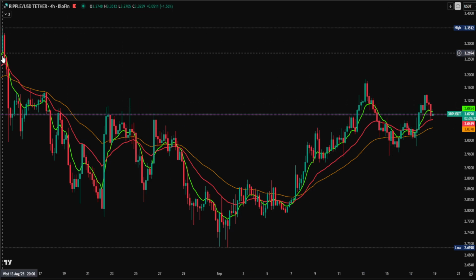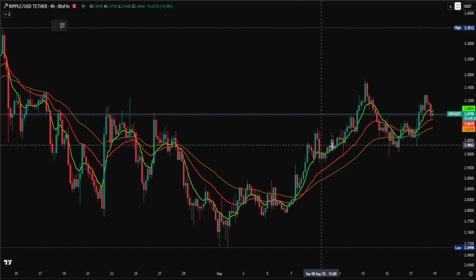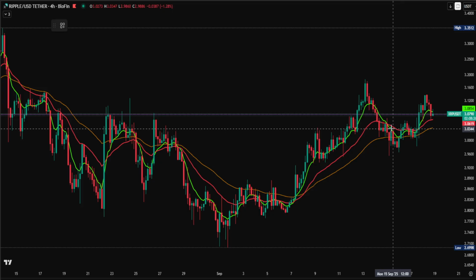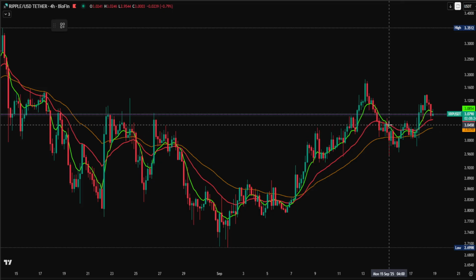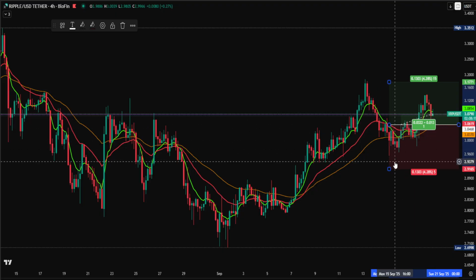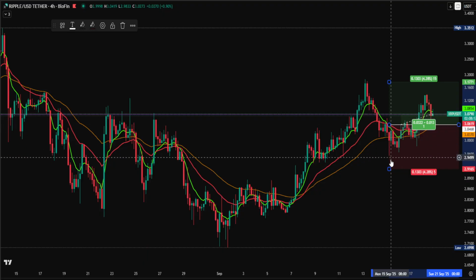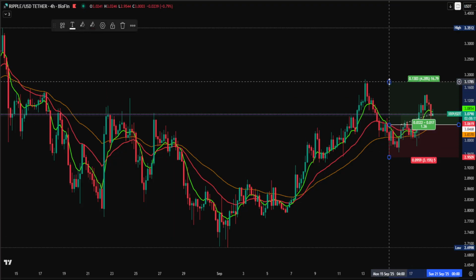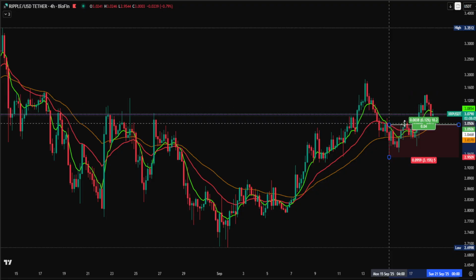For instance, on this one, if we took this as a long, price comes down, we closed below it, so right there would be our entry spot. Price goes down, does this thing, it comes back and triggers us in. I'm going with the stop loss down here, and then you just want to ride it up.